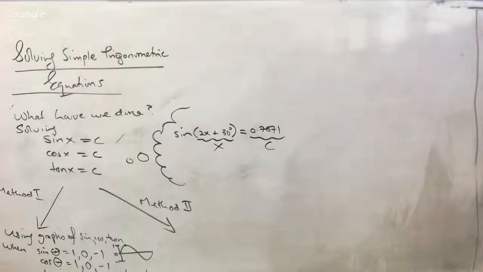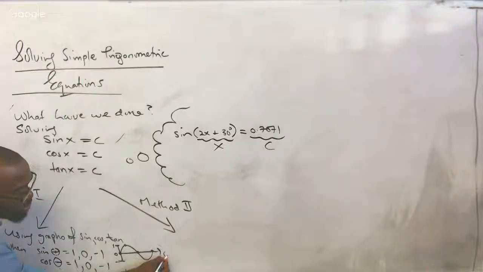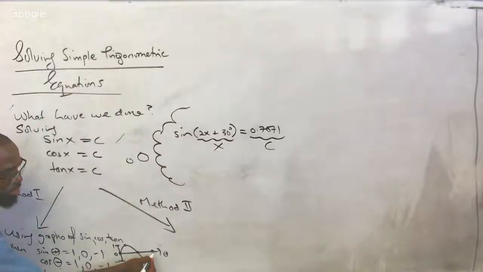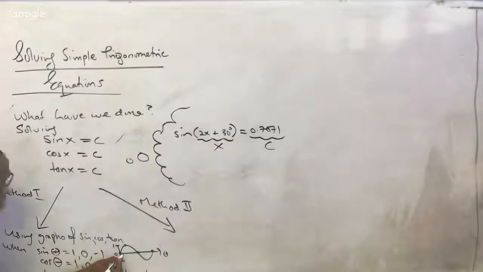So for example, when I said sine theta equals 0, what is the value of theta? It would have been where sine equals 0, here, here, and here. Those theta values are 0, 180, 360 degrees, or 0, pi radians, 2 pi radians.